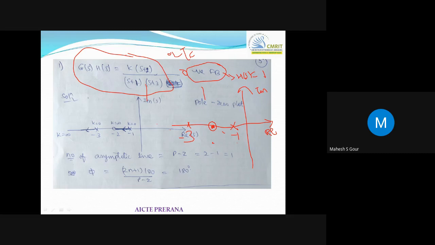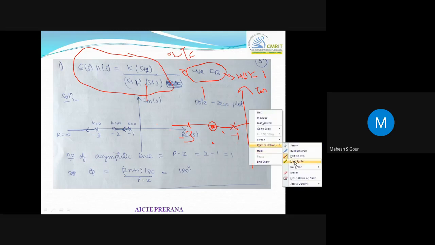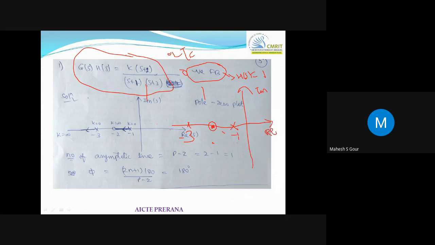Now, this was the first step to draw the root locus. Next, as you have studied, root locus will start from poles and terminate at zeros. Now, the next question is how to check where the root locus lies. In that case, you need to check the number of poles on the right hand side.